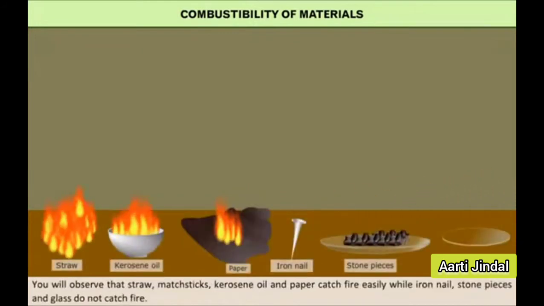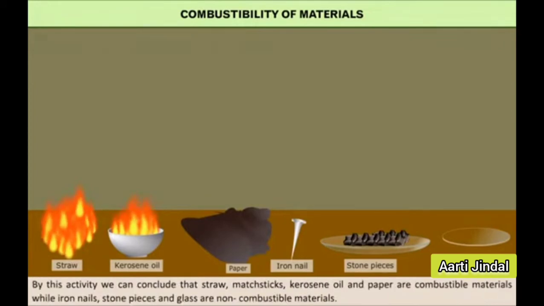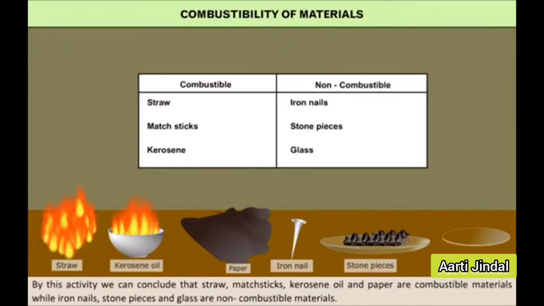You will observe that straw, matchsticks, kerosene oil and paper catch fire easily, while iron nails, stone pieces and glass do not catch fire. By this activity, we can conclude that straw, matchsticks, kerosene oil and paper are combustible materials, while iron nails, stone pieces and glass are non-combustible materials.